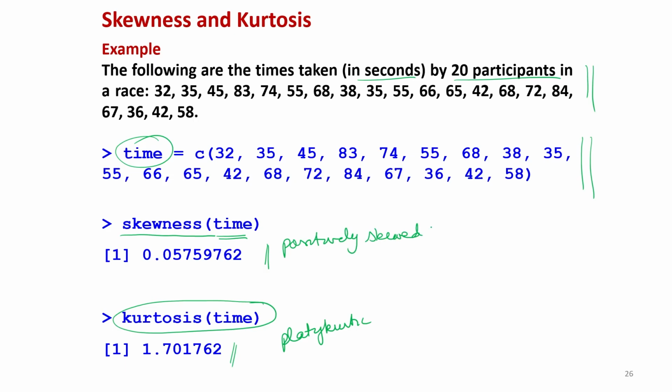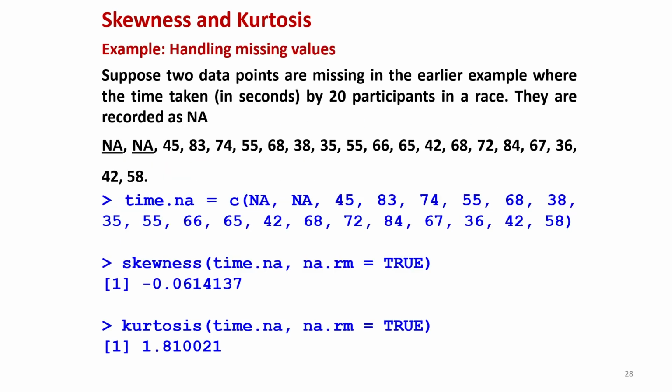And similarly, let us consider the same data set with missing values, and suppose the first two values are missing, which are reported as NA. So, I create the data vector time.na, and I write these two values as NA, and then I use the same command skewness of time.na with na.rm equal to TRUE, and this value comes out to be minus 0.06.